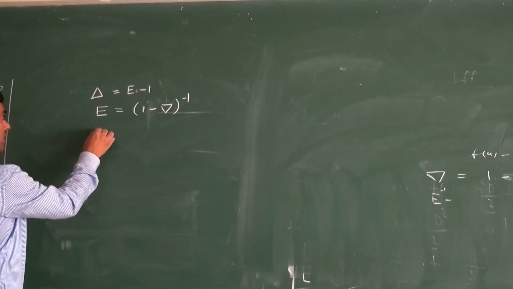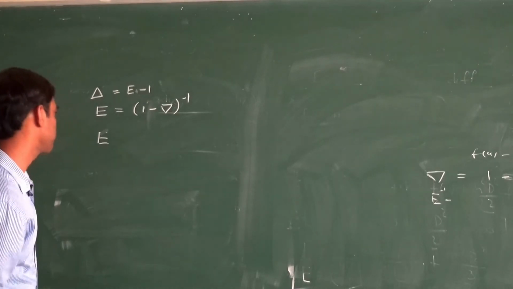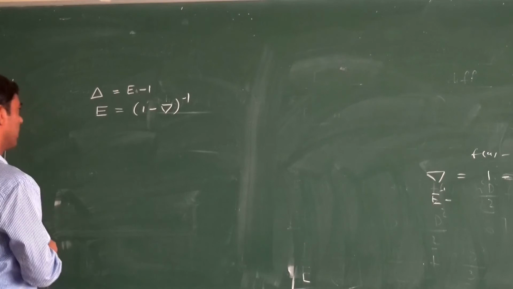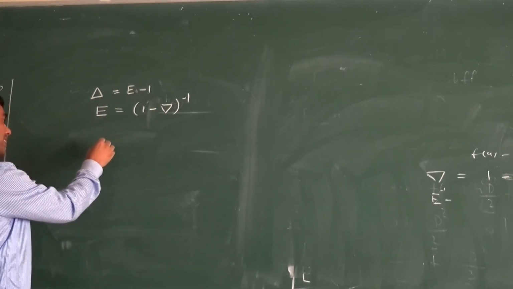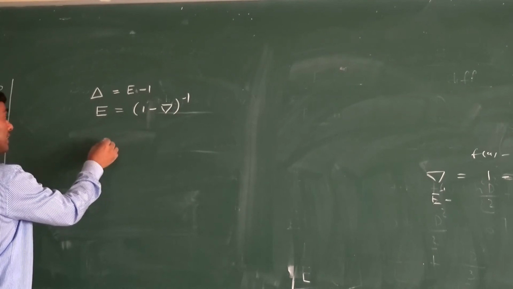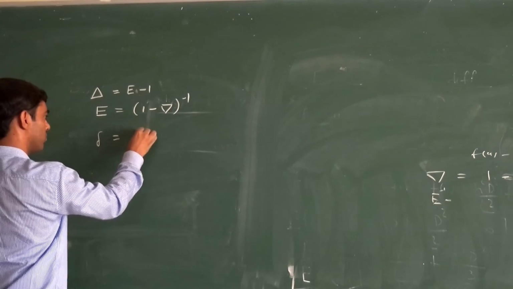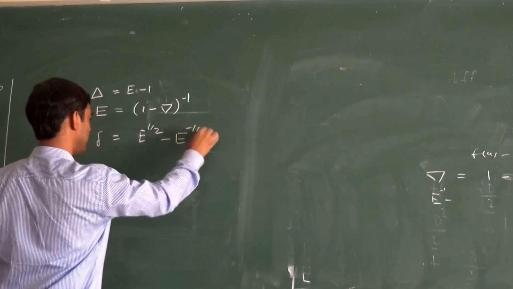Now the second one is in terms of the backward difference operator. Then the shift operator and central difference operator: delta equals E to the power 1 by 2 minus E to the power minus 1 by 2.